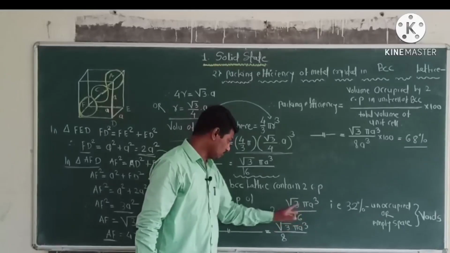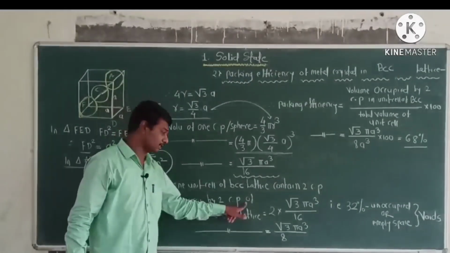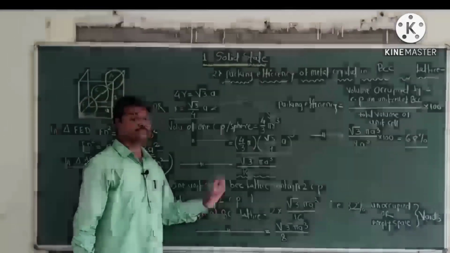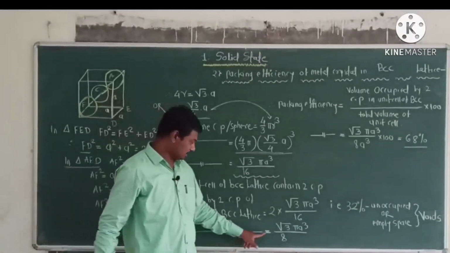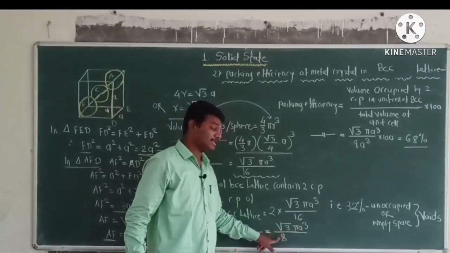Solve this equation. We get the volume occupied by the two constituent particles of a unit cell of a BCC lattice is equal to root 3 into pi into a cube upon 8.